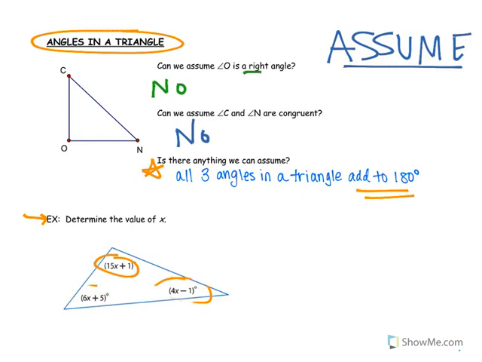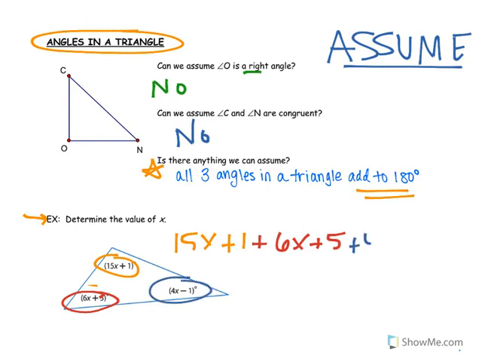So I'm going to take that first expression up there, 15x plus 1. I'm going to add it to my next expression, plus 6x plus 5. And add it to this expression, plus 4x minus 1. All three of those angles added together must equal 180 degrees, and we can solve this equation now.